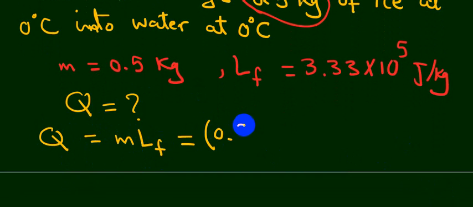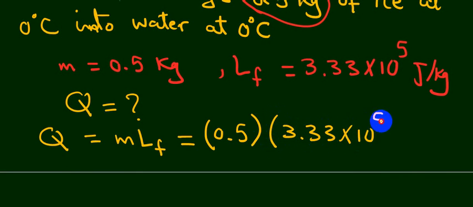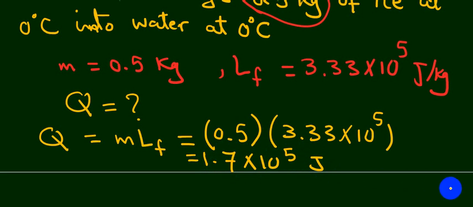The mass equals 0.5 and the latent heat of fusion of ice 3.33 times 10 power 5 joule per kilogram. So the answer will be approximately 1.7 times 10 power 5 joule. Clear, guys?